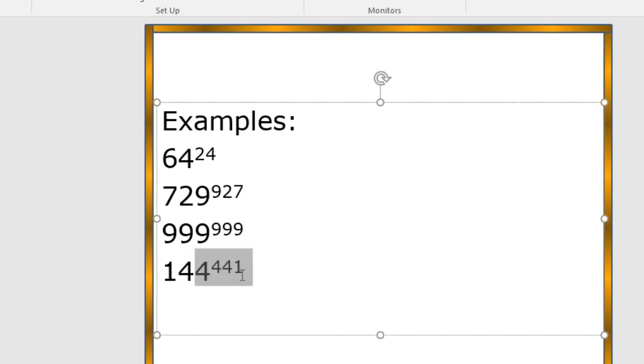Is the power even or odd? The power is odd. So 4 power odd means 4.